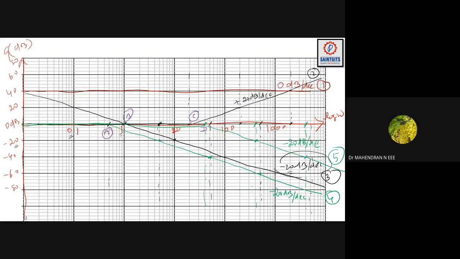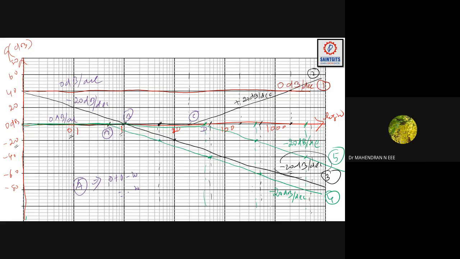If you are checking here, up to portion A, you can see this is 0 dB per decade, 0 dB per decade, and this is minus 20 dB per decade. So at position A, I can say 0 plus 0 minus 20, so it will be minus 20. Am I right?